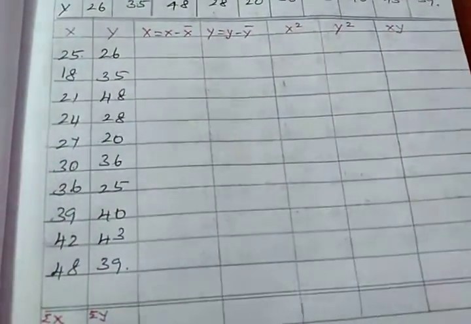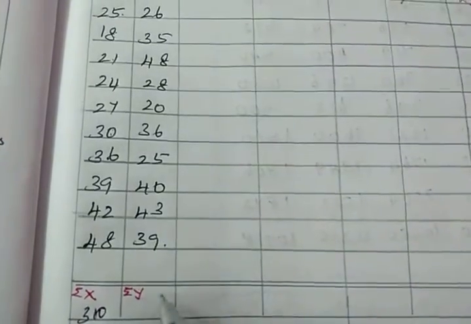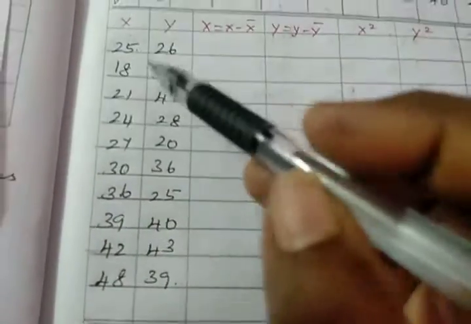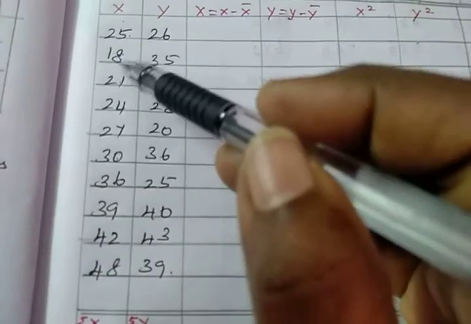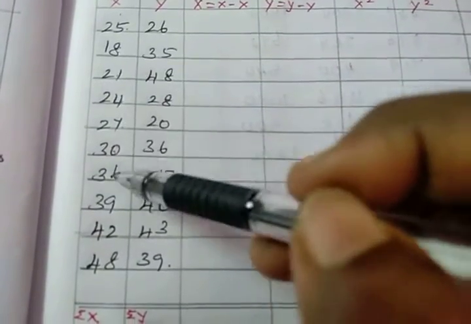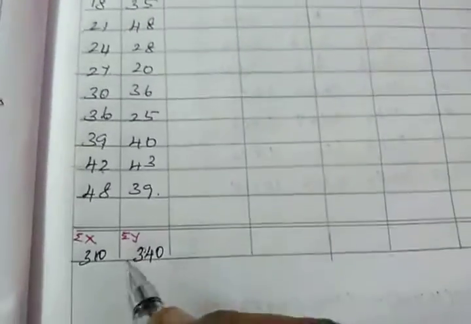When you find out the sum of the x column, I get 310. And summing up the y column, I am getting 340. Both are even numbers and the number of data is 10: 1, 2, 3, 4, 5, 6, 7, 8, 9 and 10. So n equals 10.